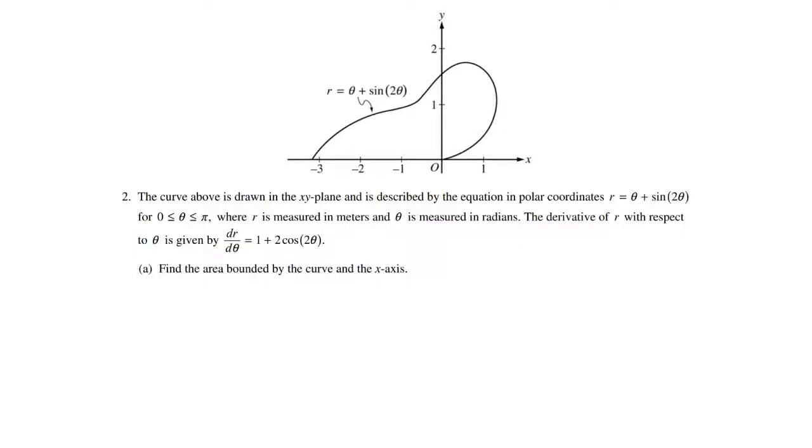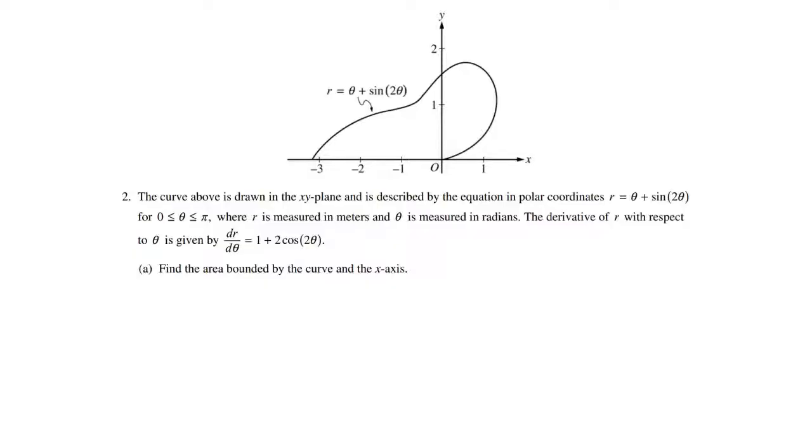Okay, this next problem was from 2005 BC. The curve above is drawn in the xy plane and is described by the equation in polar coordinates r equals theta plus sine 2 theta. I'm sorry, plus sine 2 theta; 2 sine 2 theta was the last problem.